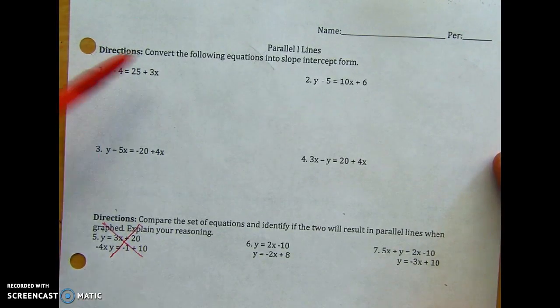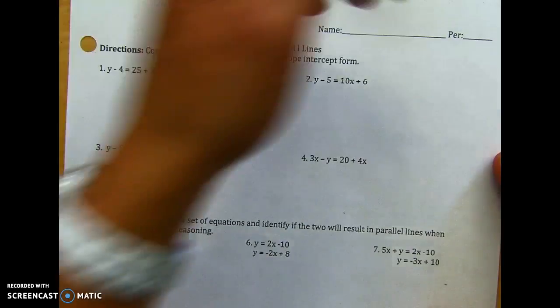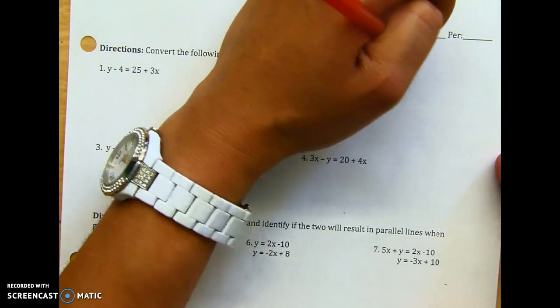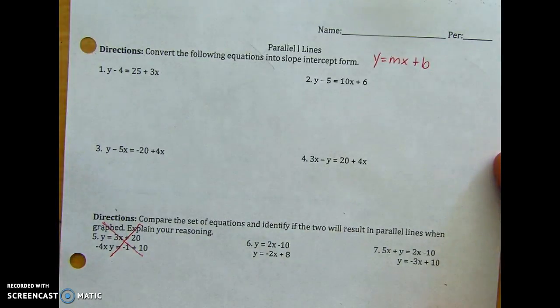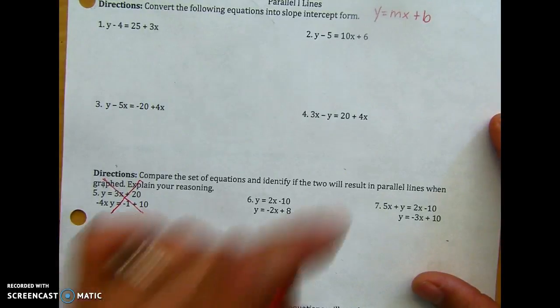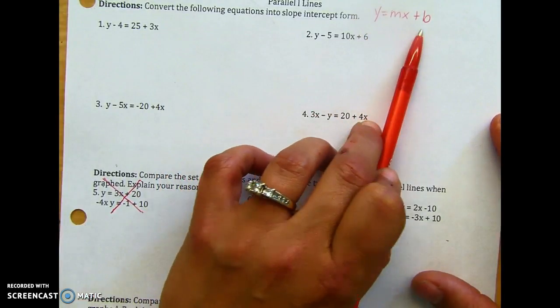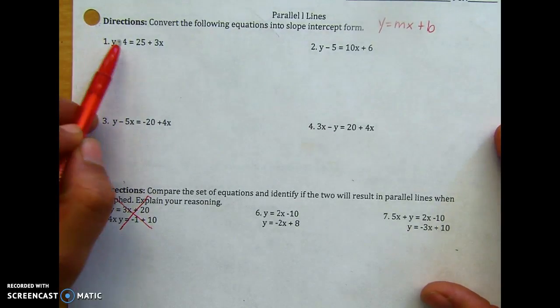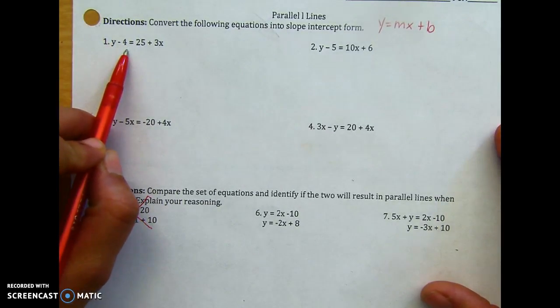So for the first one, all we're doing is converting to slope-intercept form, which is y equals mx plus b. Okay? I'm going to take the first one and follow my y equals mx plus b. Y equals, well, now I see the negative 4 is in my way.